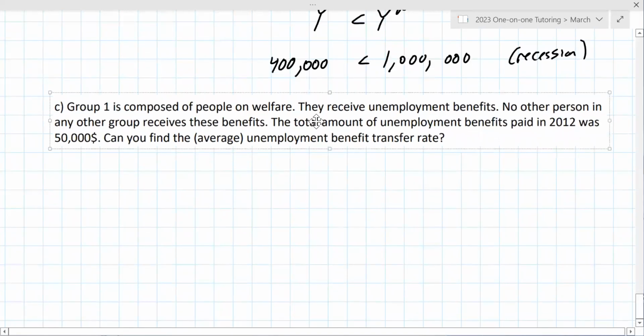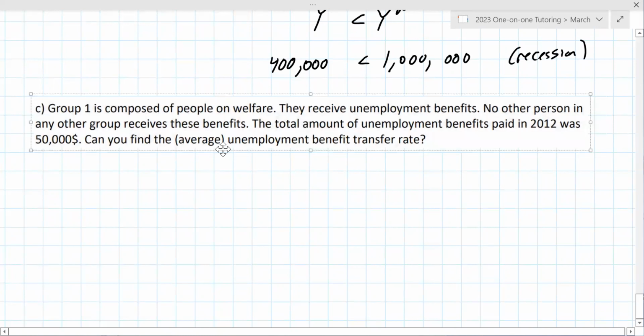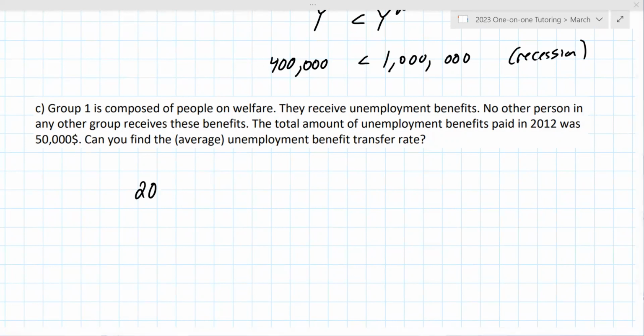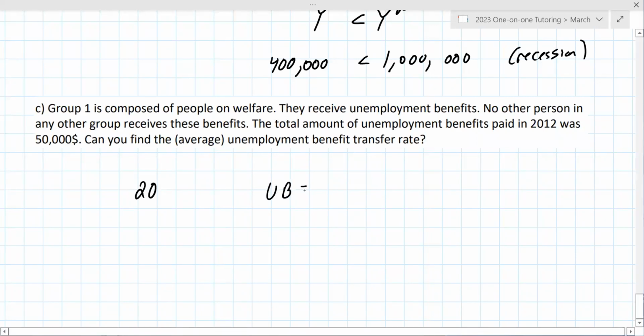All right, group 1 is composed of people on welfare. So we know that there are 20 people in group 1. They receive unemployment benefits. No other person received these benefits. Total amount of unemployment benefits paid was $50,000. Can you find the average unemployment benefit transfer rate? So we saw this in part C of the previous problem. It was UB equals U times (YN minus Y).